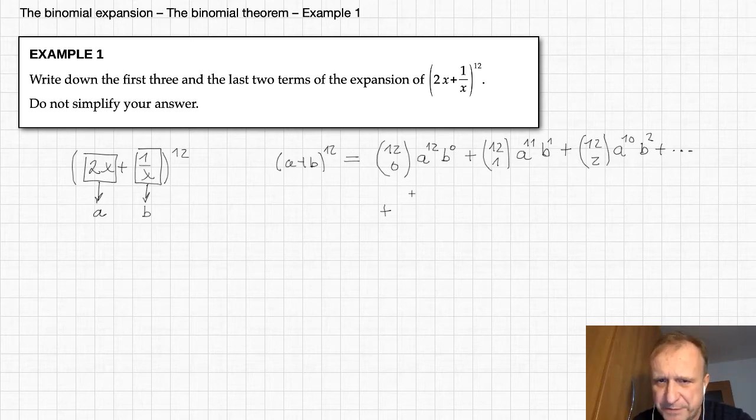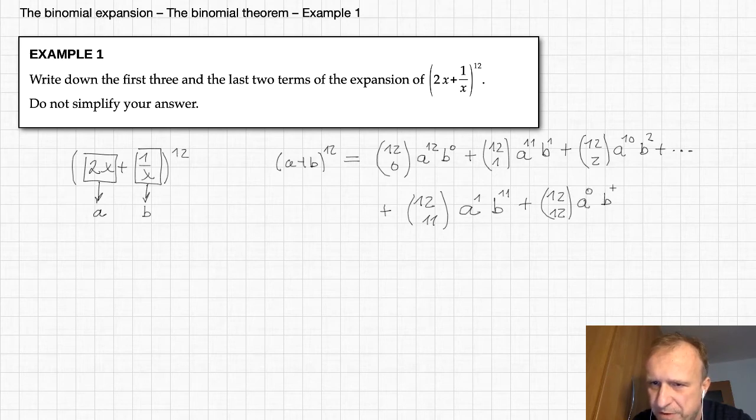The 12th term, which is the 11 plus 1th term, will have 12 choose 11 times a to the power of 12 minus 11, so it's 1, times b to the power of 11, plus, and the last term will have 12 choose 12 times a to the power of 0 times b to the power of 12. So this is a general thing, and now we need to use the particular expressions for a and b to write it down.